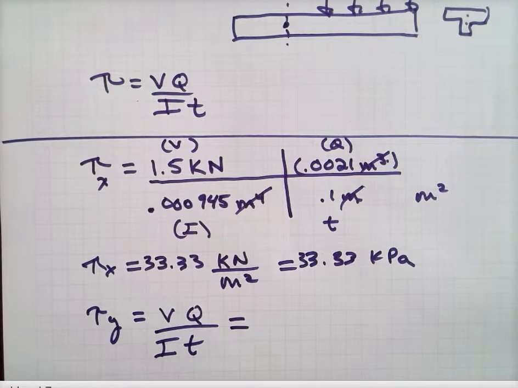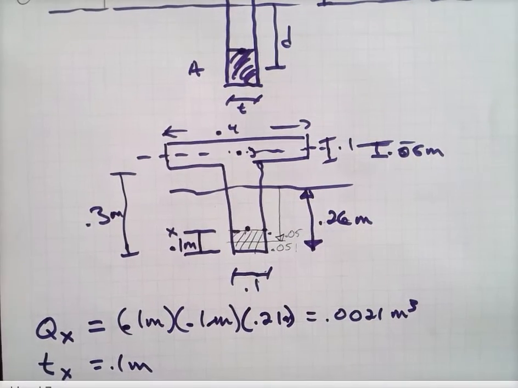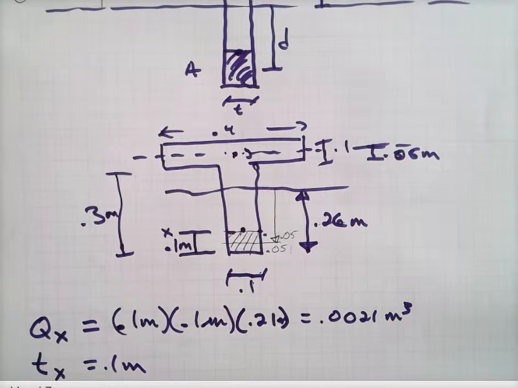I want you to decide what to use for V, what to use for I, what to use for Q, and what to use for T. Before you press pause, I'll put this back up so you can find Q at point Y and T at point Y. Okay, pause. All right, well, you should be back.